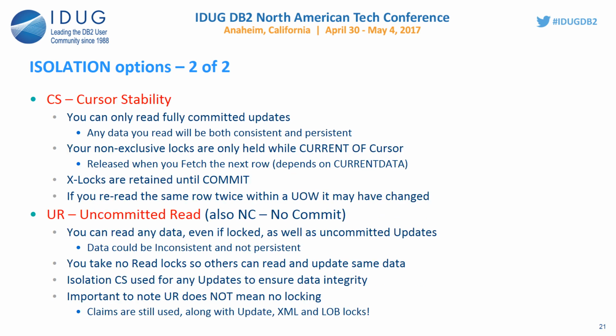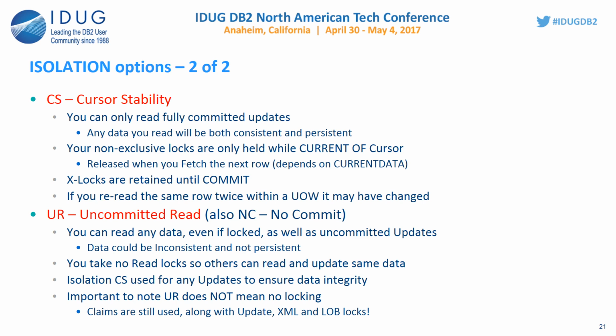The most common locking isolation mode is cursor stability. What cursor stability means is that you take a lock only when you're current of cursor. It's exactly the same as repeatable read. You can only read fully committed updates, and any data you read is consistent and persistent.